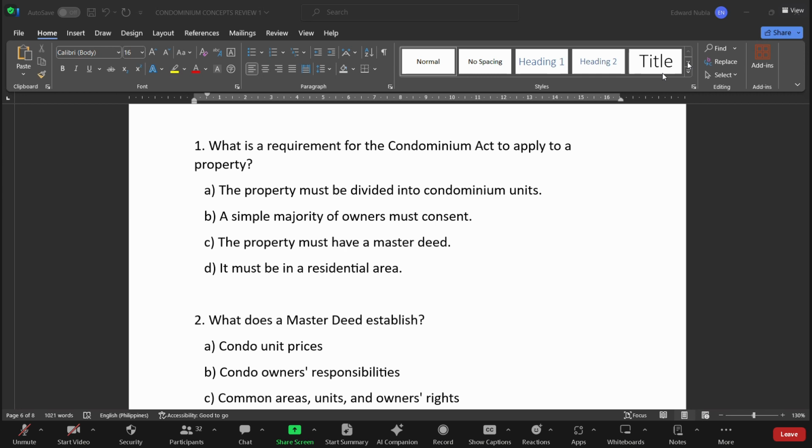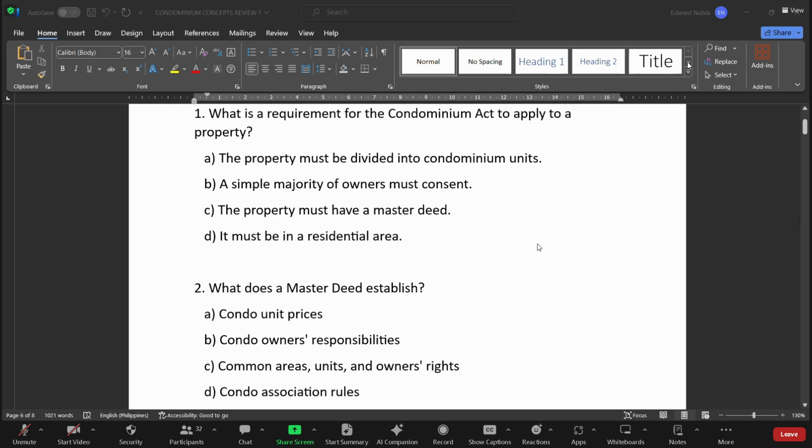That's actually a correct answer. But to tell everyone, letter A is also correct, if the property is divided into condominium units. So either A and C are possible answers. Okay. Thank you, Assessor.